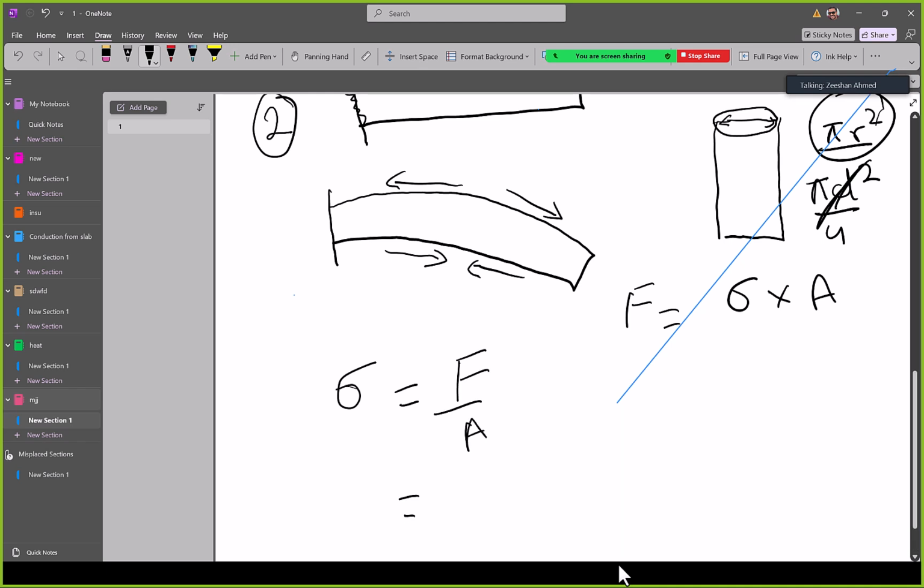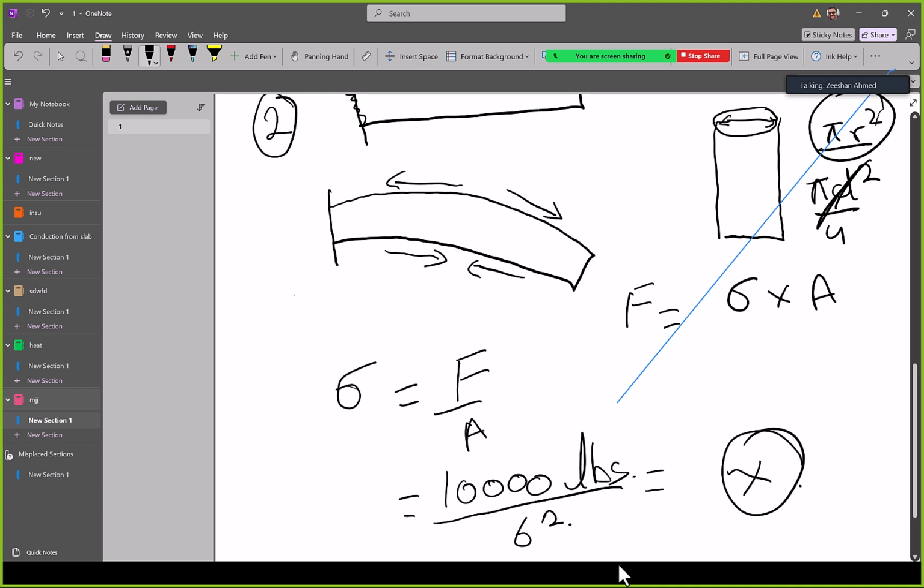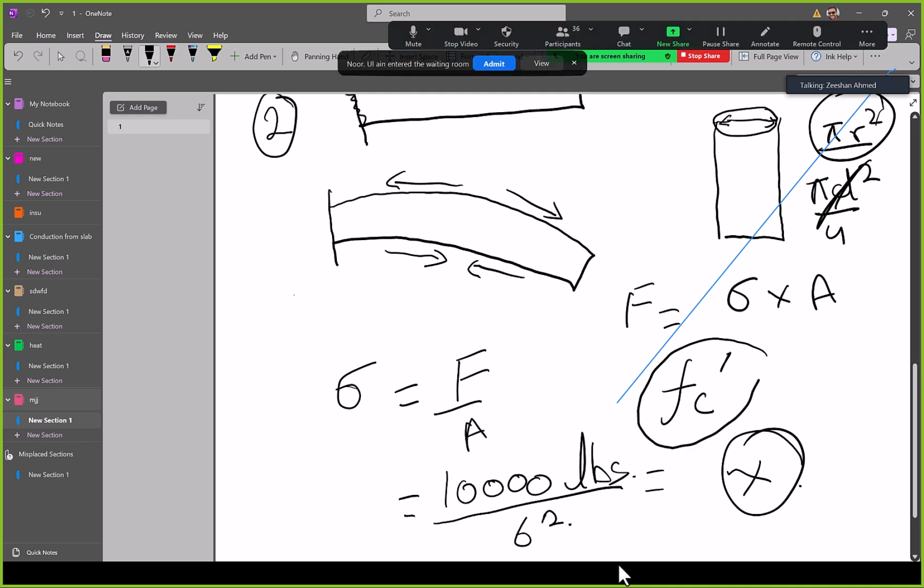So let's say the force on that machine was 10,000 pounds, and the area is assumingly, let's say, 6 inch squared. So whatever value comes will be FC prime. Please remember this word, FC prime.